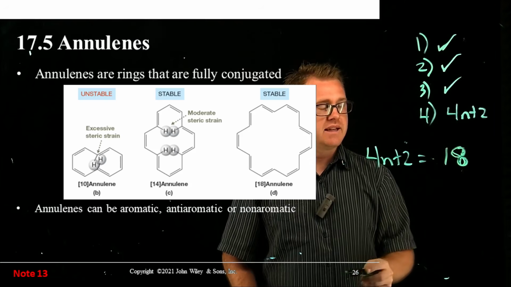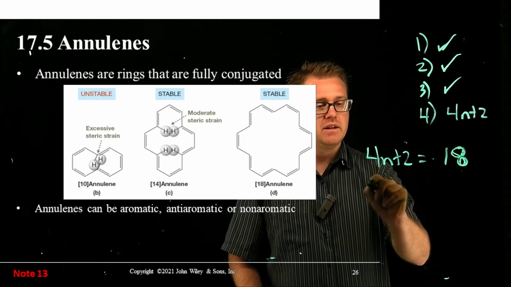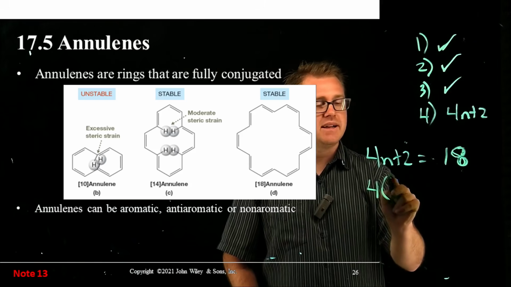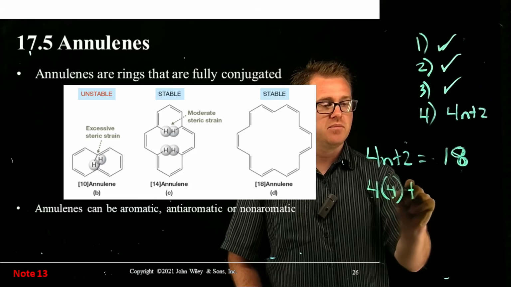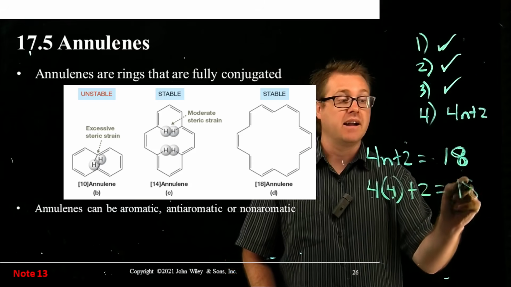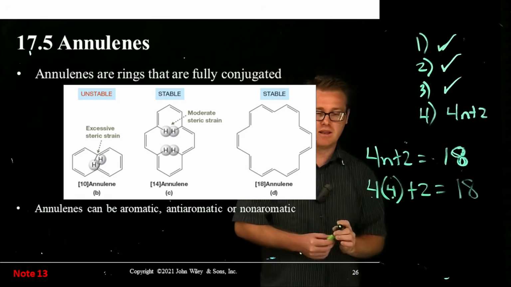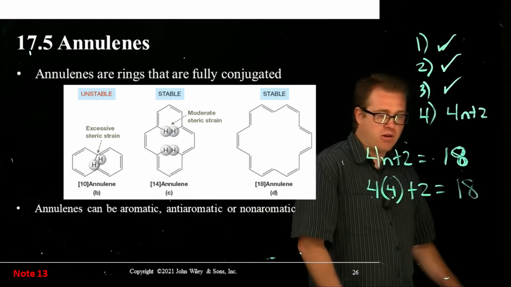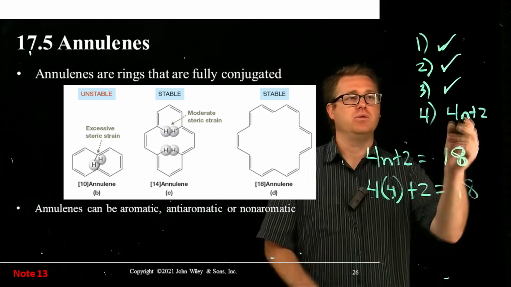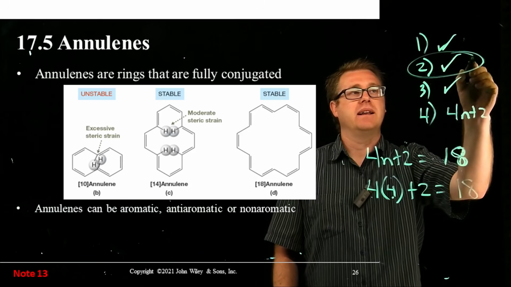So do we have a statement to make that true? 4 times, let's say 4. 4 times 4 is 16, plus 2 does in fact equal 18. So that 18 annulene is going to be aromatic because I told you that it's planar.